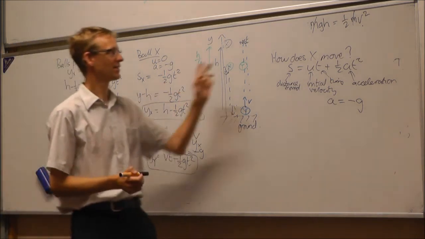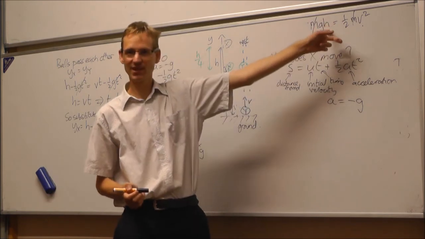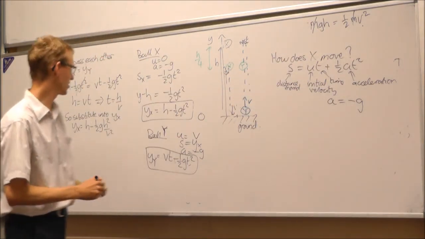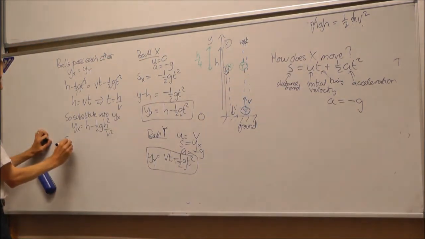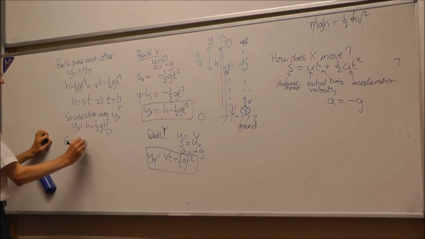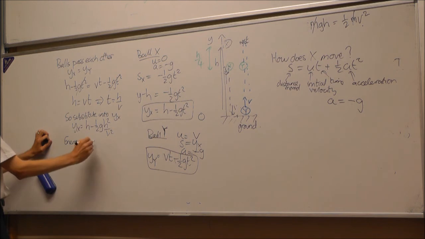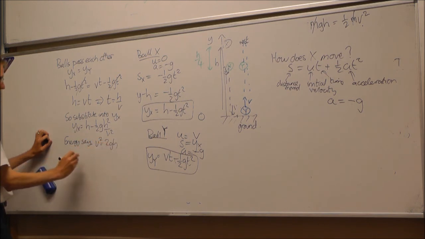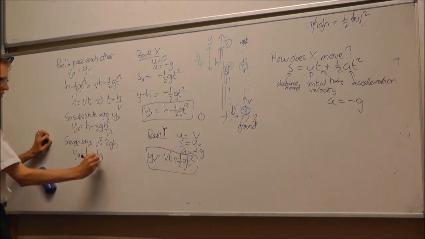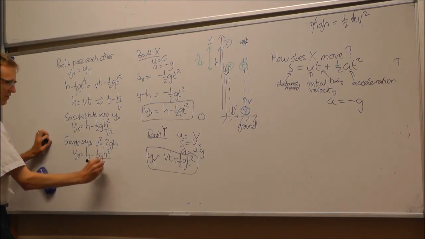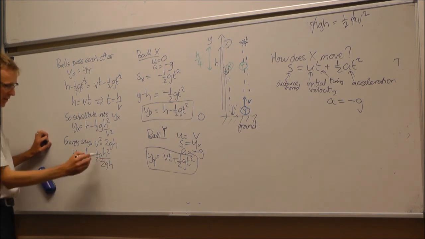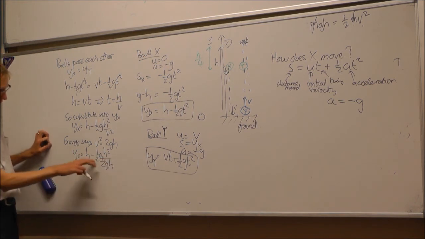v squared is related to the height by our energy, so energy says that v squared equals 2gh. So y of x is h minus half g h squared over 2gh. It's goodbye to the g's.